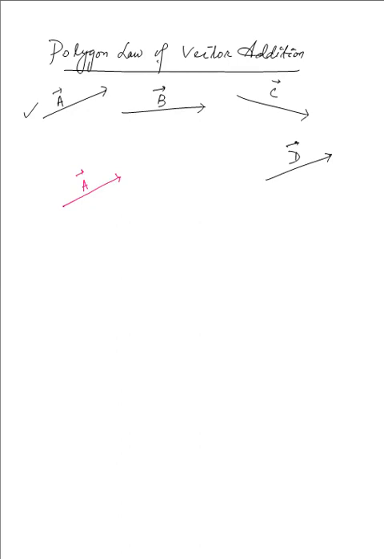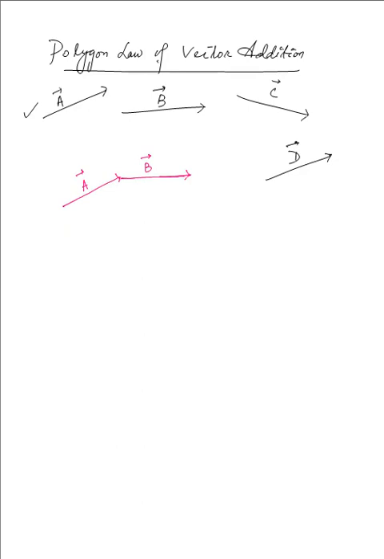Then from this end point of A, I take the other vector, that is B. So I take the B vector over here. I will try to have almost equal magnitude and direction just to show you. And this is the B vector, right? And then with the B vector over there, we'll now be considering the C vector.